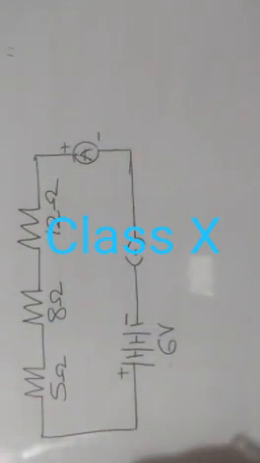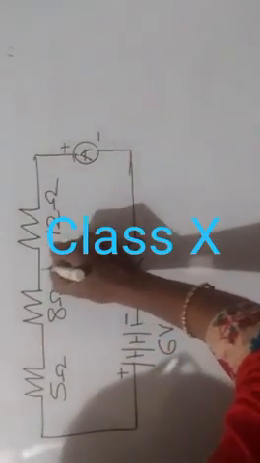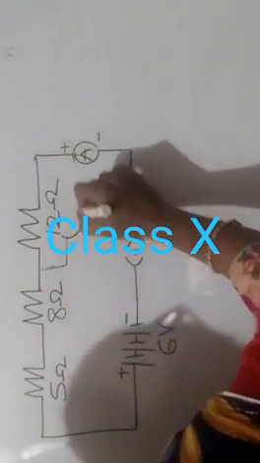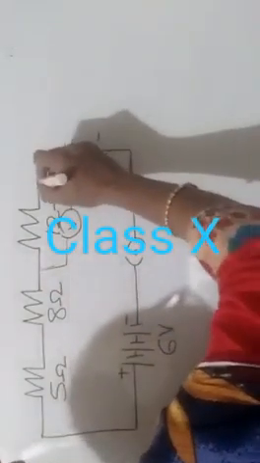No, we cannot connect the voltmeter in series with the resistor. We have to connect the voltmeter in parallel with the resistor. Parallel means the end points of both should have common points.